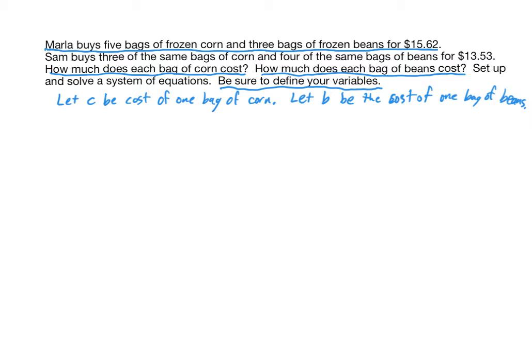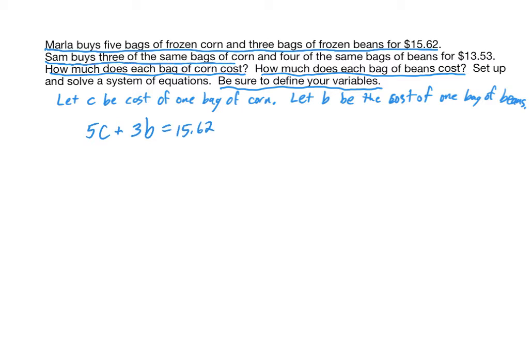So if she buys 5 bags of frozen corn and each bag costs C dollars, then the total amount of the corn would be 5C. And then she's also, so adding on, buying 3 bags of frozen beans. If each bag of beans cost B, then 3 of them would be 3B. And then that total cost is equal to $15.62.